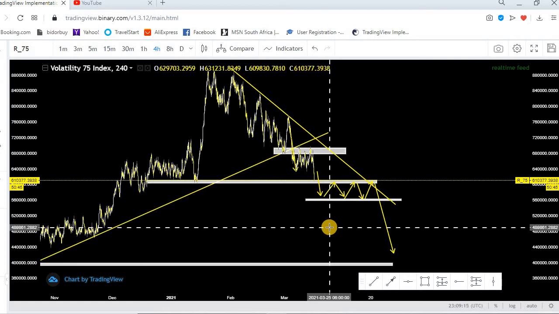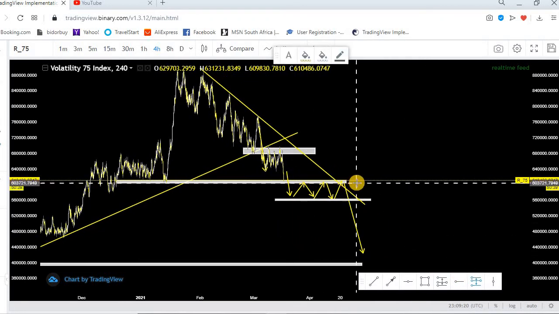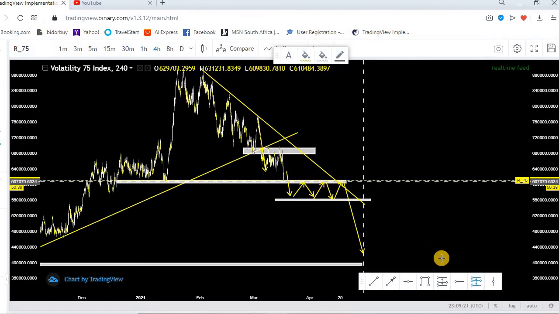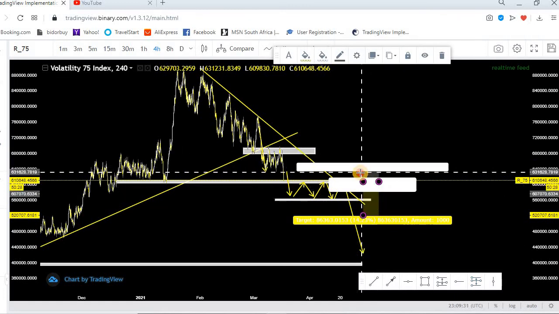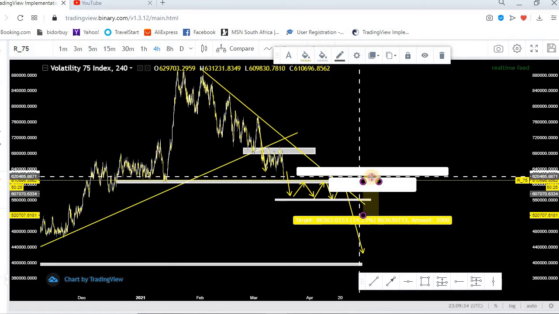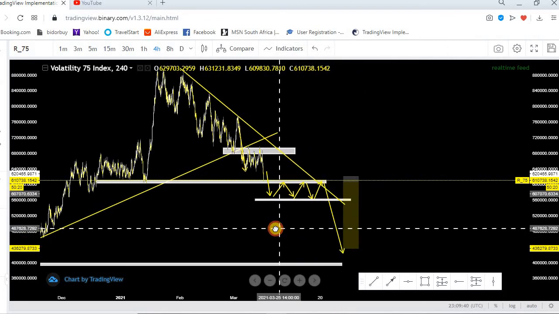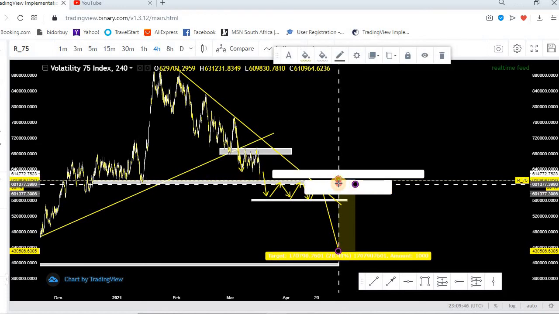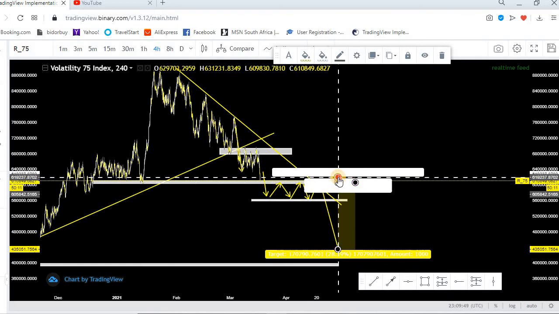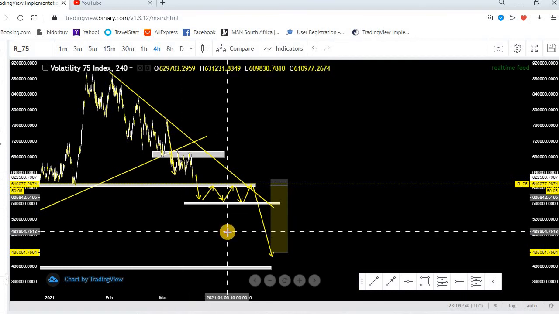Your risk reward ratio is being respected, because let's say we enter here, your risk reward ratio will be respected. Entering after each pullback or retracement gives you the opportunity to have sniper entries and tight stop losses, as you can see right there.